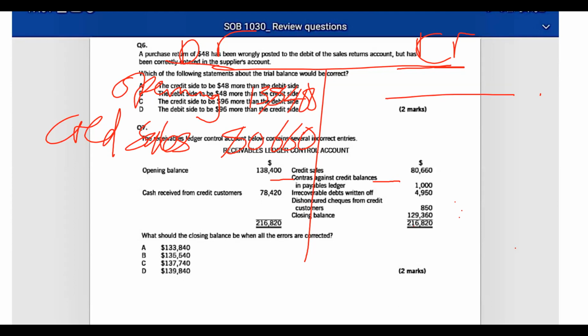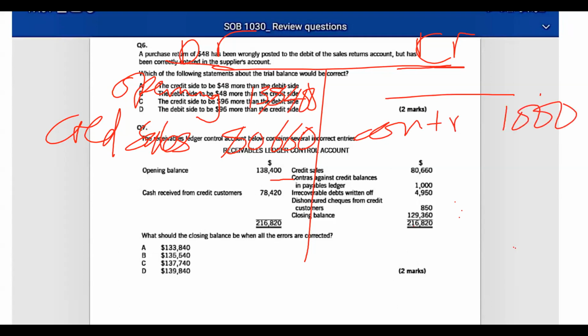So the question is, if these guys pay us 1,000, does that reduce the balance or increase the balance? It reduces the balance, so you record the contra on the other side. So you have 1,000.